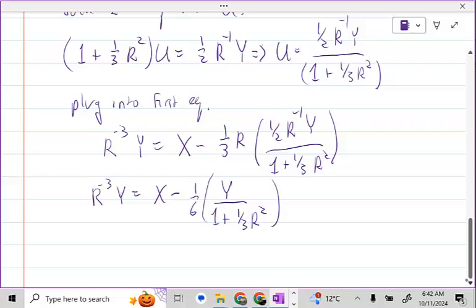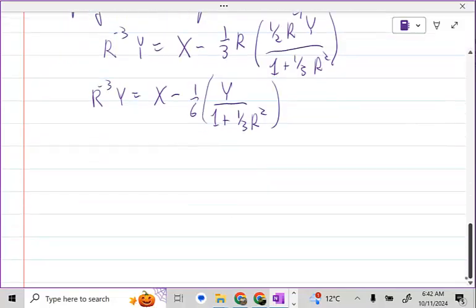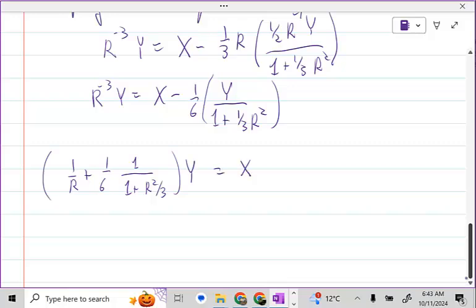Okay. All right, so let's take the Y to one side, and I can write this as 1 over R plus 1/6 times 1 over 1 plus R squared over 3. And I apply that to Y, and that's equal to X. Okay.